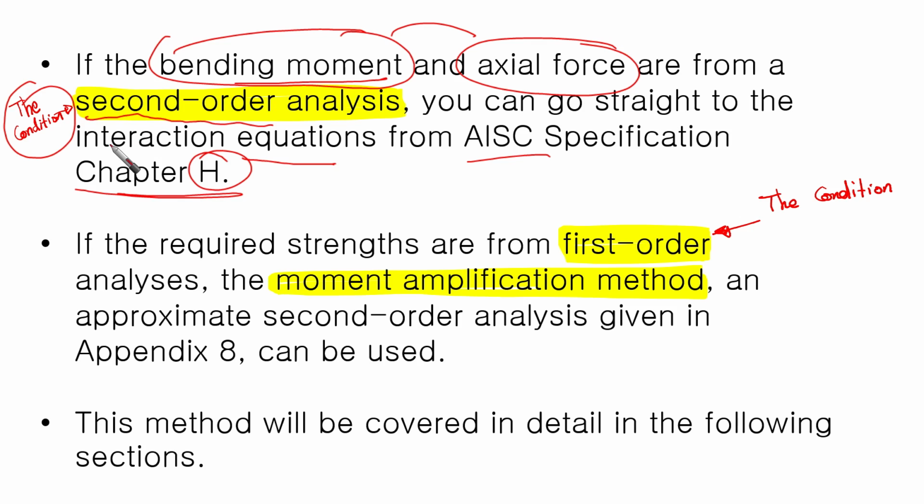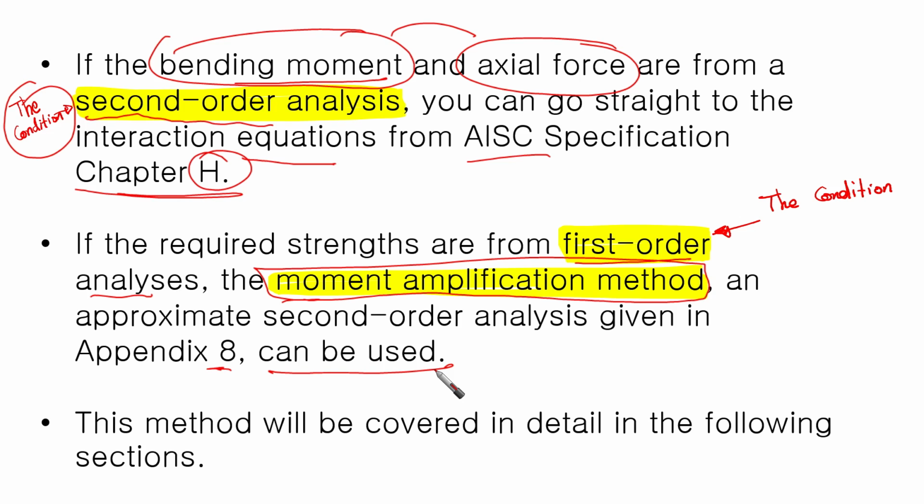If not, if your bending moment and axial force are not considering second order analysis, if the required strengths are from first order analysis, meaning that we didn't take into consideration the second order analysis, the moment amplification method, which I'm going to talk about, and the approximate second order analysis given in Appendix 8 can be used.